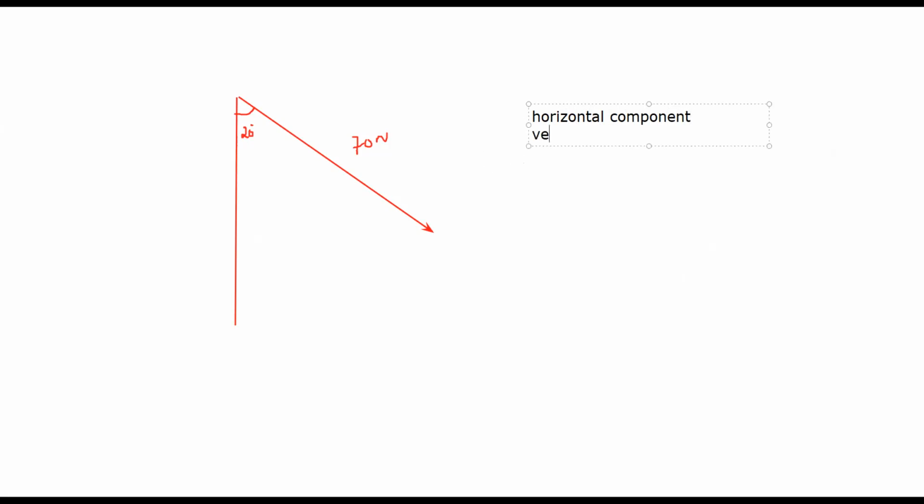So if I give a question: a force of 70 Newton making an angle of 20 degrees, and you want to find the horizontal component and the vertical component.